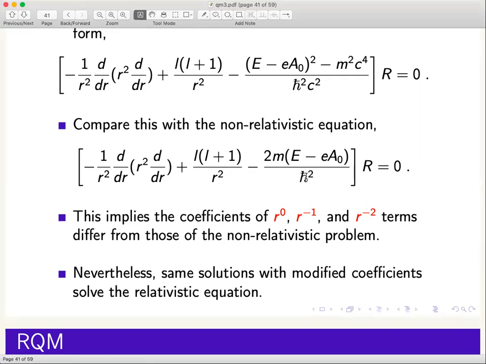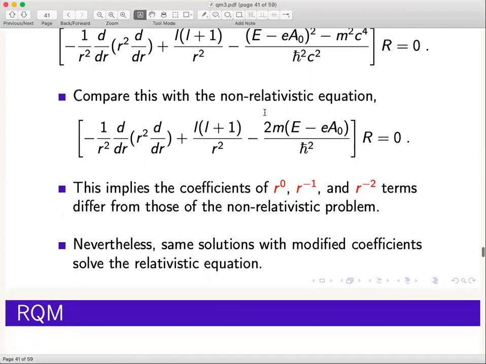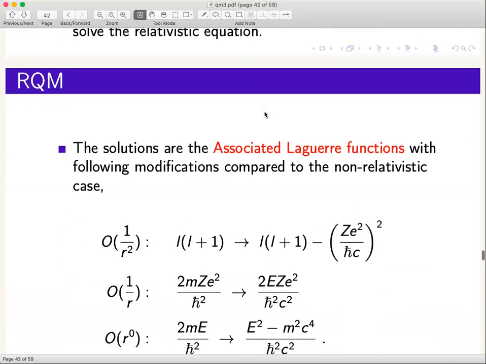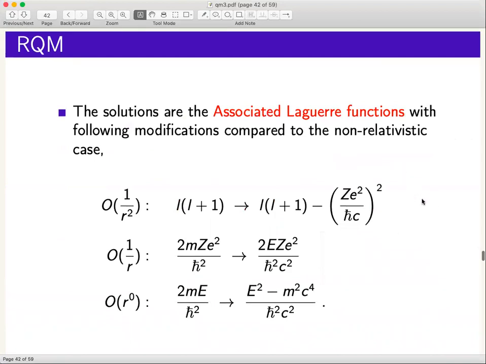And therefore, the first guess, which of course happens to be right, is that the solution to the relativistic equation would be the same as the solution to the non-relativistic equation, up to some modifications of the parameters appearing in the solution. The radial part of the equation would have a solution which would look like associated Laguerre functions.